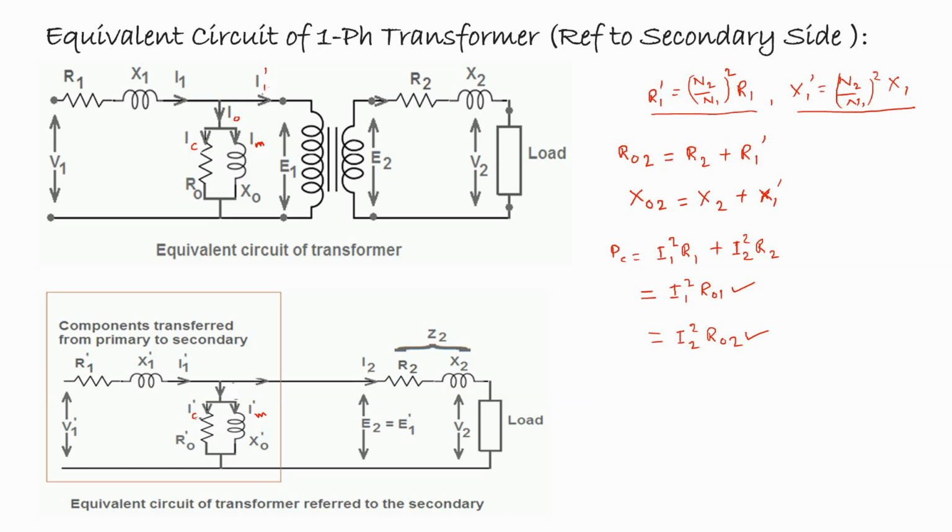So there will not be very much difference between the actual calculation and the calculation based on the approximate equivalent circuit. So generally, in case of a transformer, when the parameters, losses, efficiency, etc. are calculated, it is always considered as the approximate equivalent circuit, and generally it is taken as referred to secondary side. Thank you.